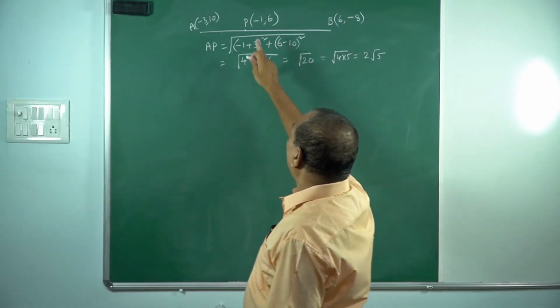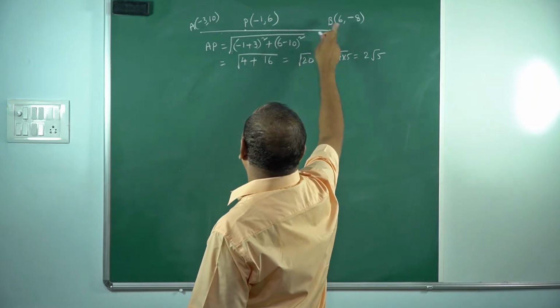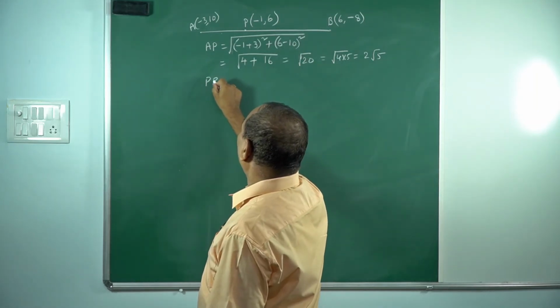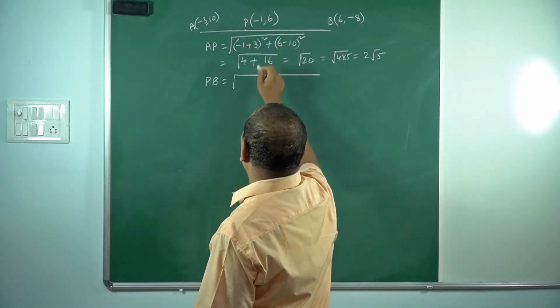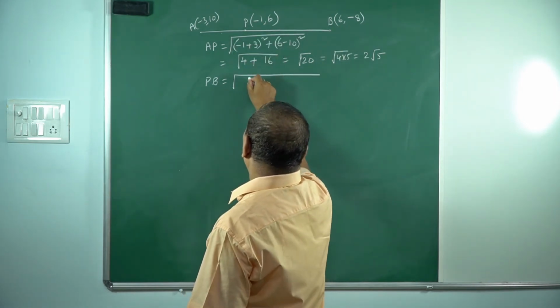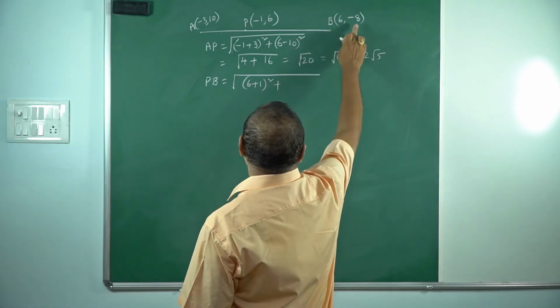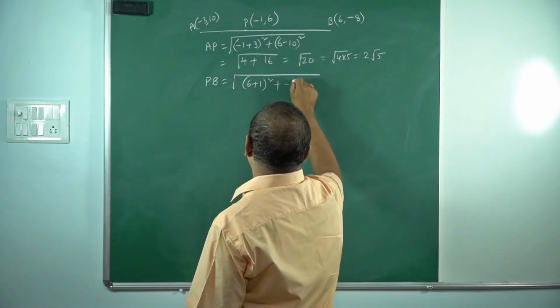Now let us find this distance PB, equal to under root (6 minus minus 1), 6 plus 1 whole square, plus (minus 8 minus 6) whole square.